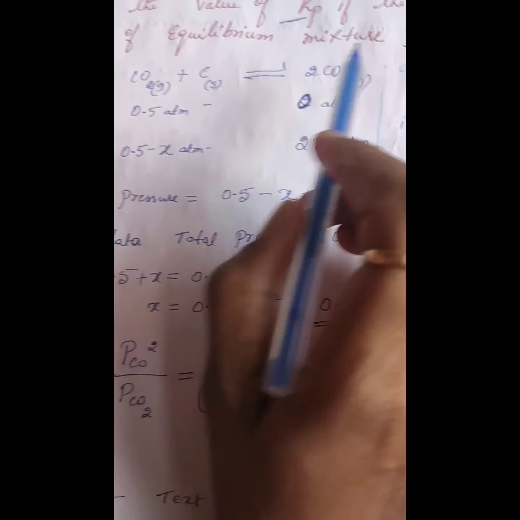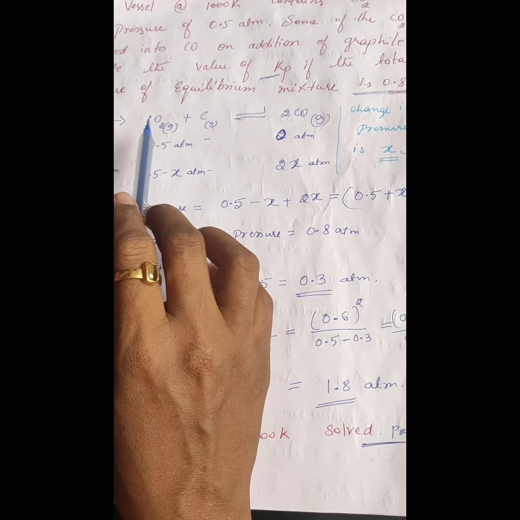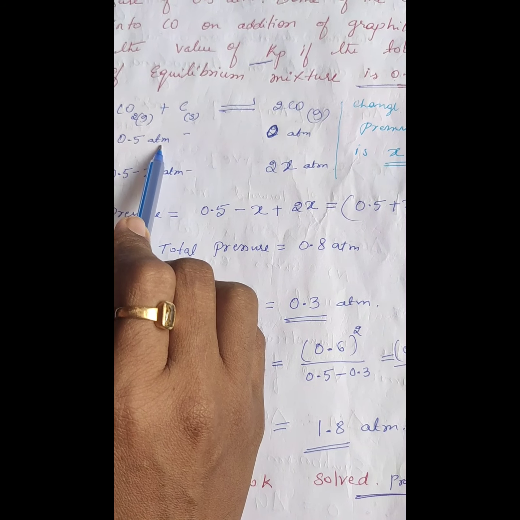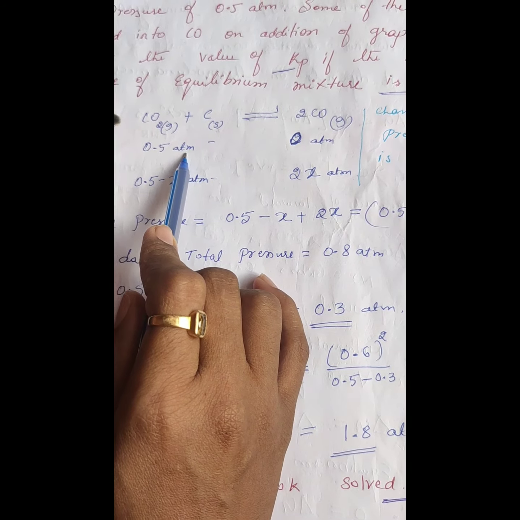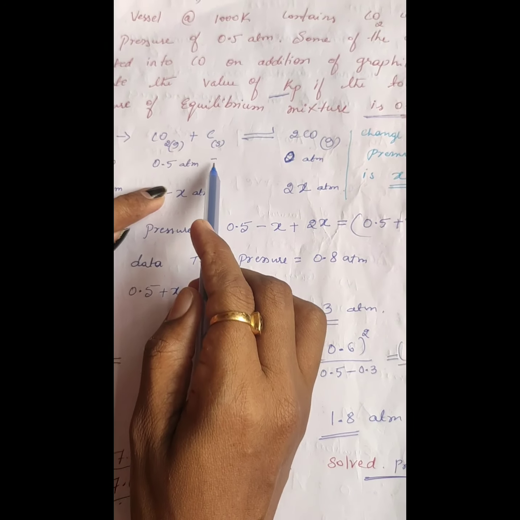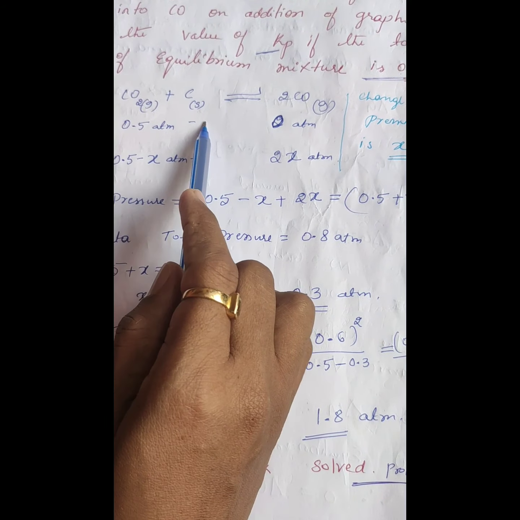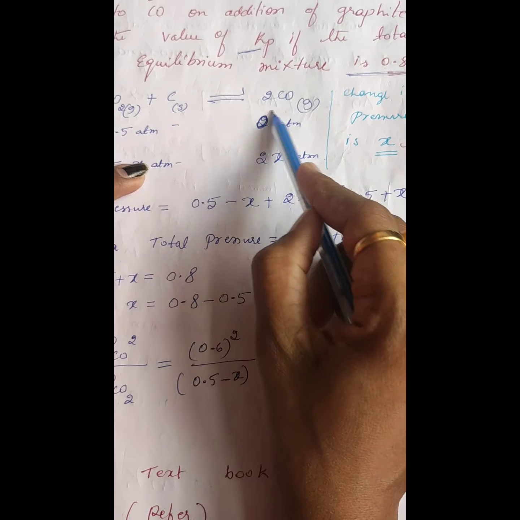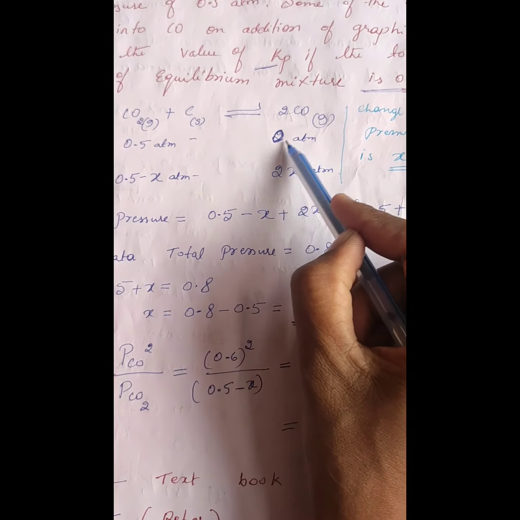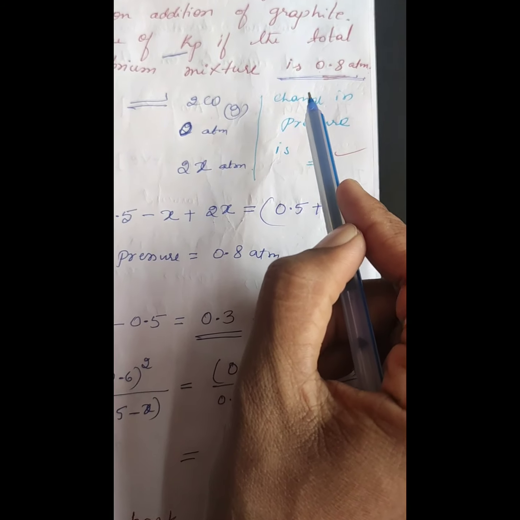As they have mentioned the initial pressure, I'll consider initially 0.5 atm pressure exists in the system because of one molecule of carbon dioxide gas. But as carbon is solid, its concentration or pressure cannot be considered. Even though two molecules are formed in the reaction, initially no product is available. That's why we consider its pressure to be 0 atmosphere, right?